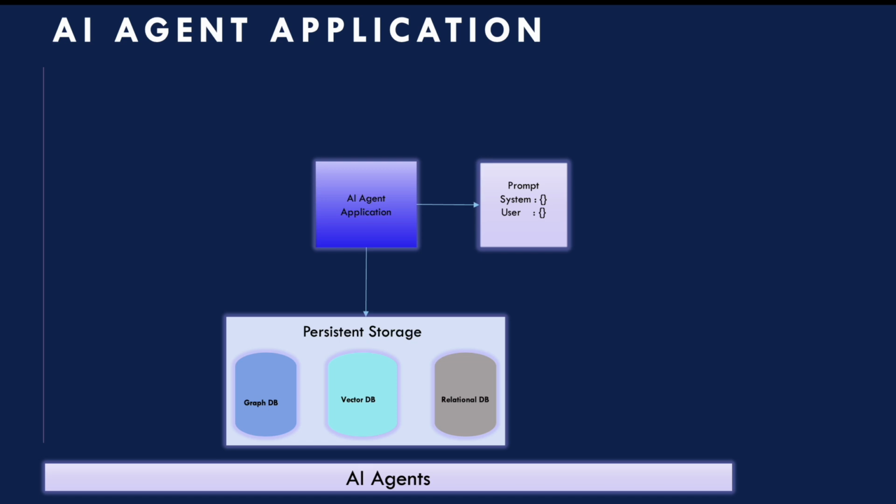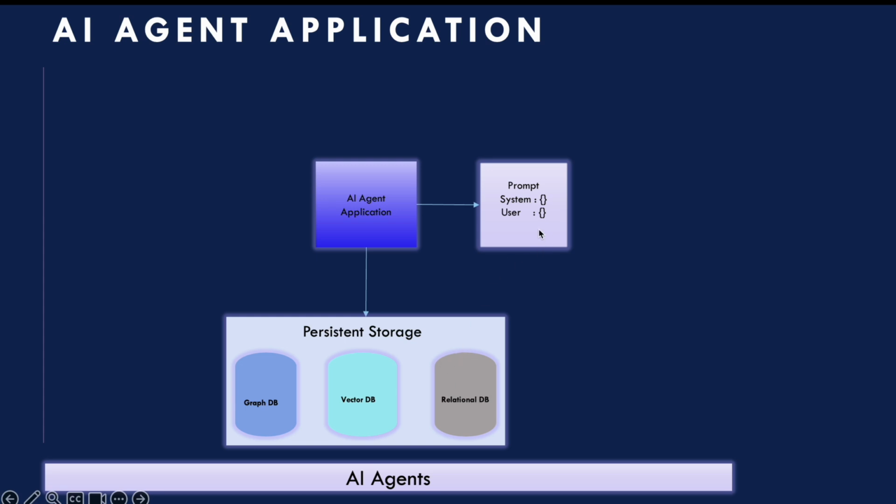Now once it has retrieved the data, what will it do? It has to generate something based on the input or the instructions the user is giving. The moment we say it has to generate something, what comes to our mind is large language models like OpenAI, DeepSeek, Claude and so on. So it has to make use of the LLMs to generate something or to augment the data retrieved from one of these data sources.